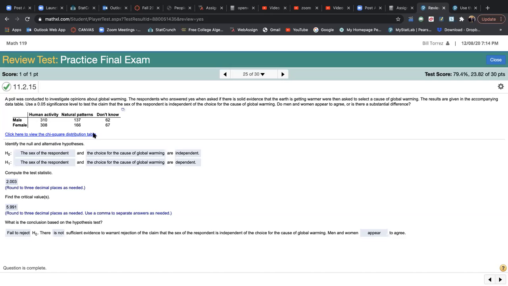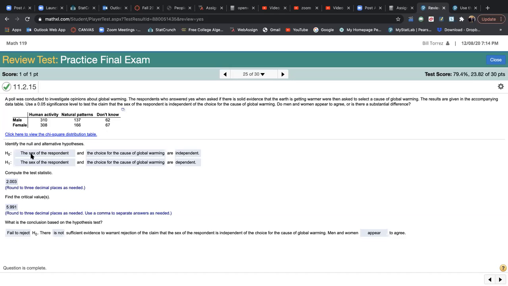All right. And fairly close agreement between males and females in terms of a cause, human activity. A little difference in natural patterns, and similar results in the don't know category here. All right. And so let's identify the null and the alternative first.